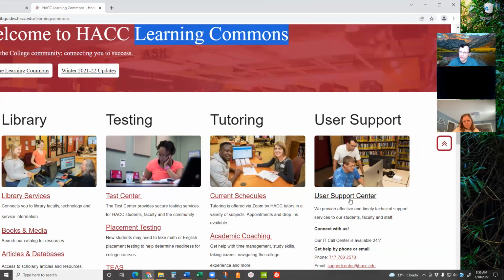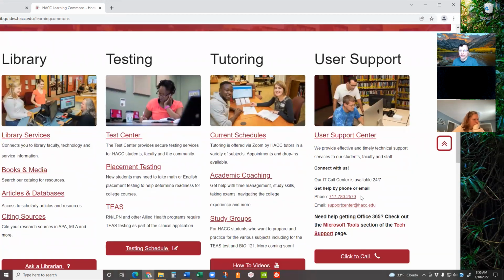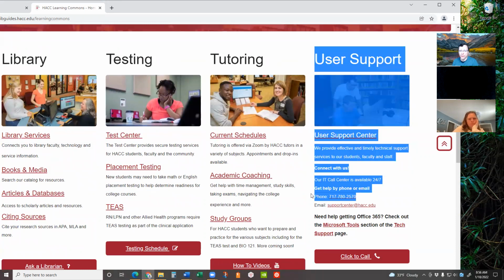So please be aware of the user support information. This telephone number can be very helpful: 717-780-2570 is our technology support.